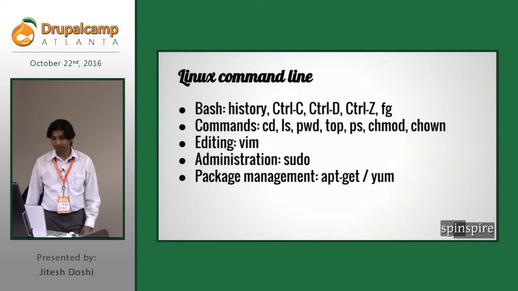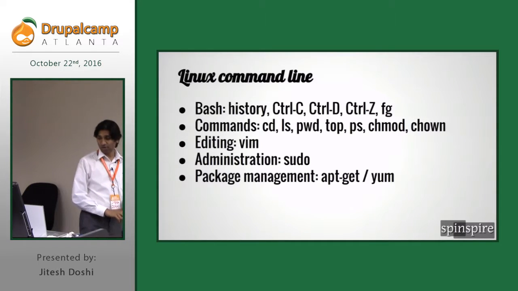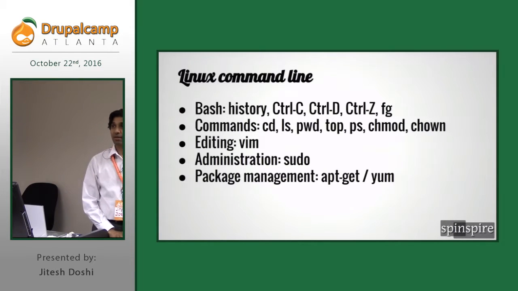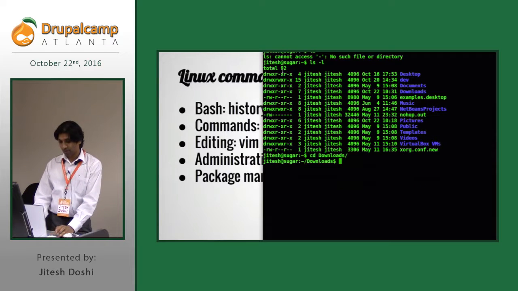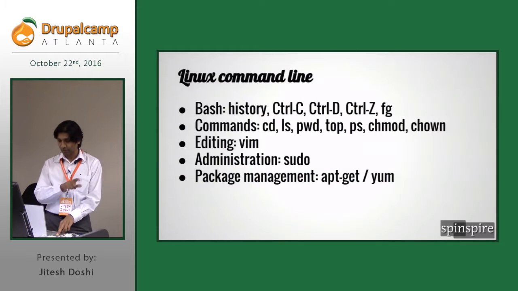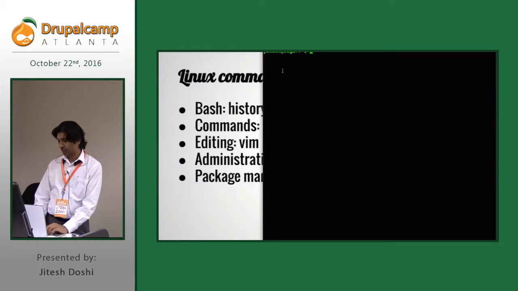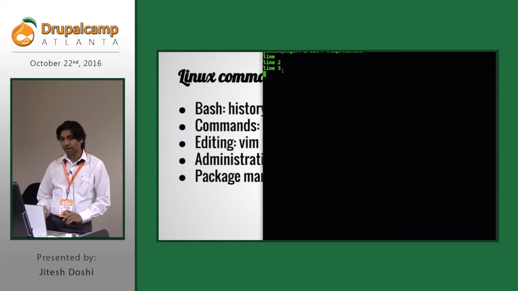Also, you need to learn Control C for interrupting. Everybody knows that, but also Control D to end a session or a stream. So if I'm here and I press Control D, holding down Control and pressing D, it ends my terminal. Similarly, if I was doing a cat command and sending my output to /tmp/foo.txt, I can type line 1, line 2, line 3, and now I'm done.